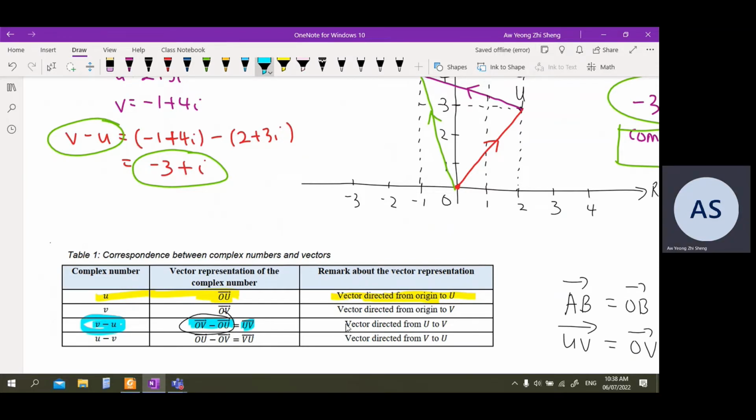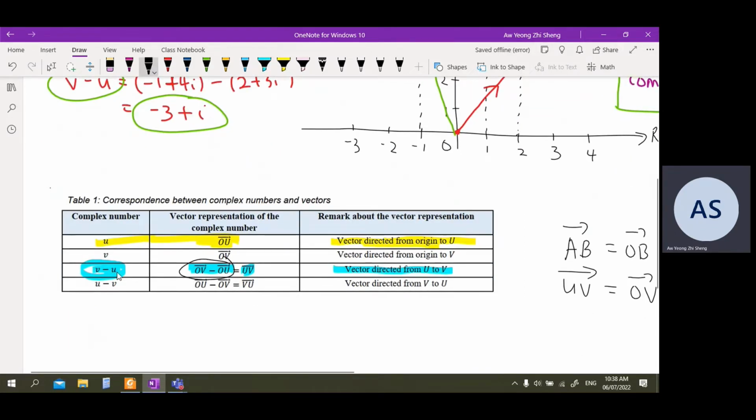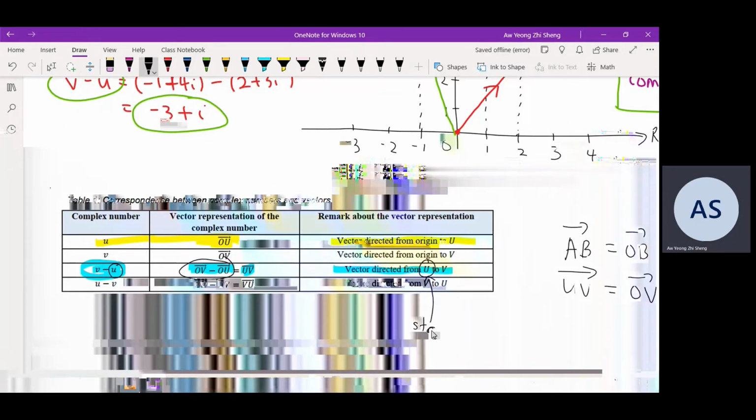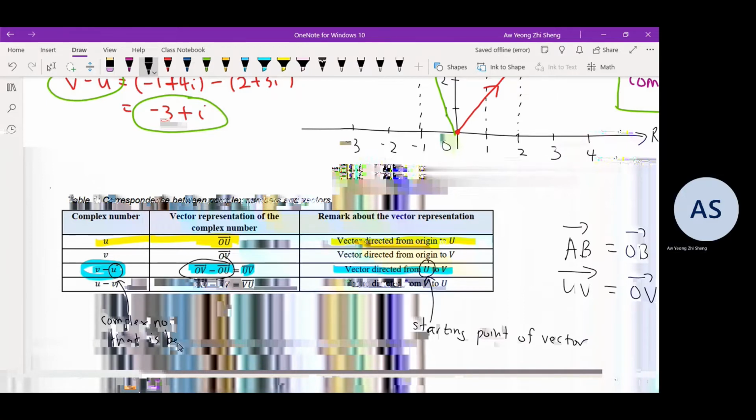What is vector UV? It is a vector directed from U to V. And so whenever you have the complex number V minus U, the point representation of the complex number that comes after the minus sign becomes the starting point of your vector representation. The complex number that is being subtracted, its point representation is going to become the starting point of the vector.